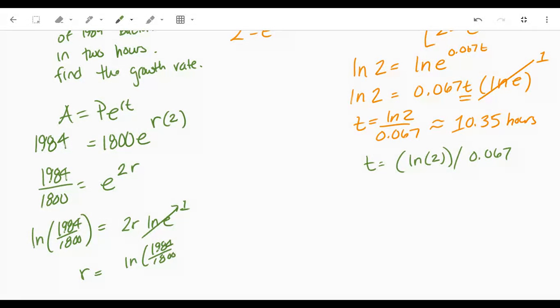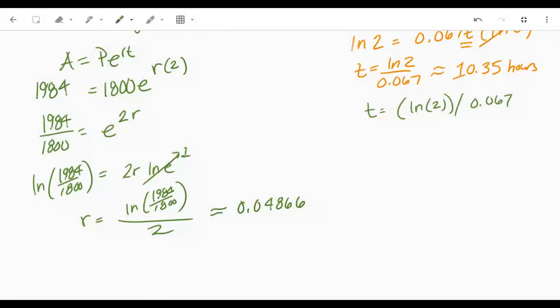So do that on your calculator first and then divide it by 2. Okay, and you get 0.04866 and on. Alex wants the decimal. Okay, so multiply that by 100 to get 4.87%.